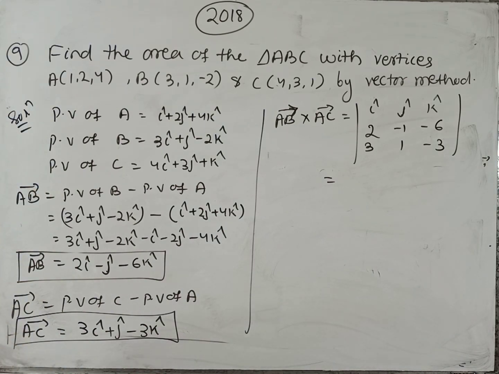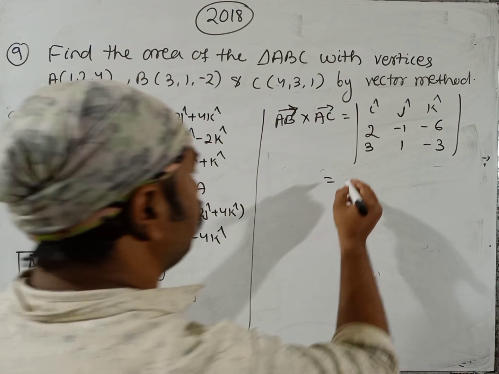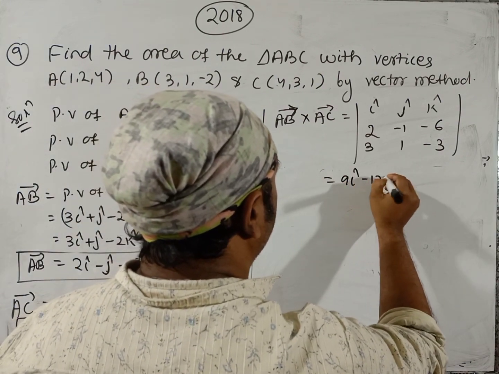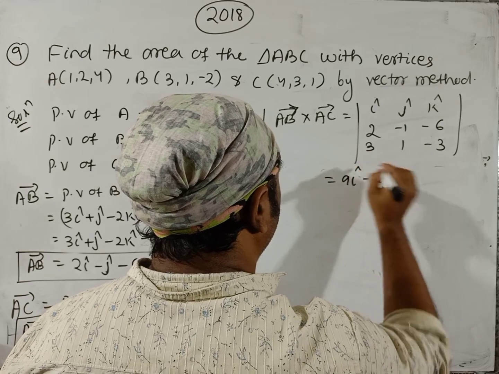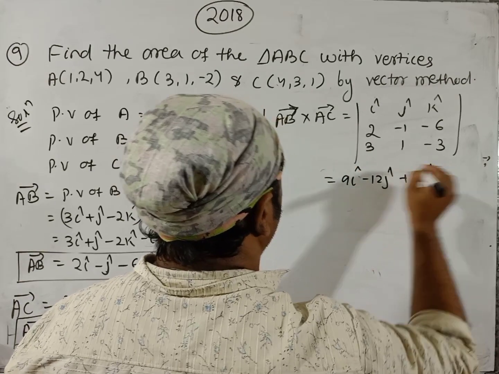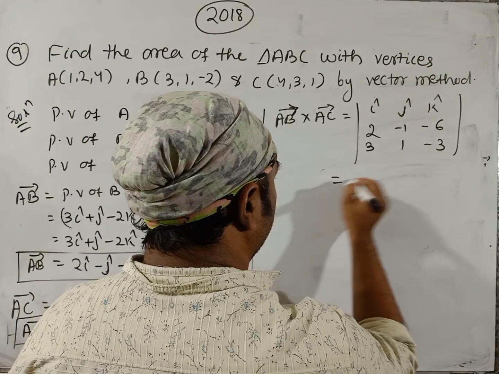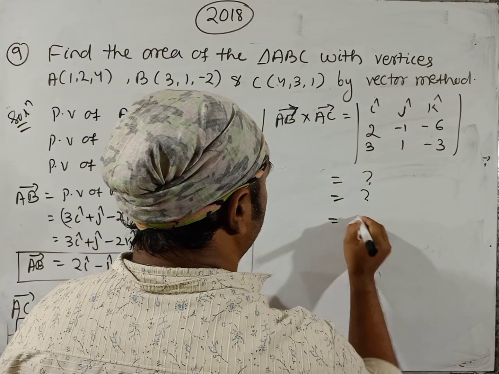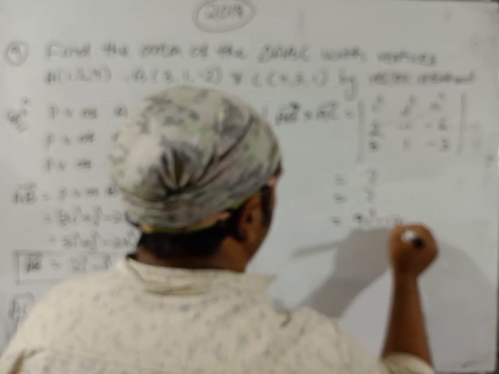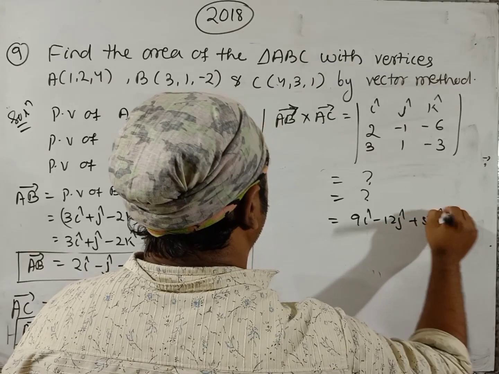Then solving this step, we find the value is equal to 9i cap minus 12j cap plus 5k cap. You have to write down the steps here. 9i cap minus 12j cap plus 5k cap.